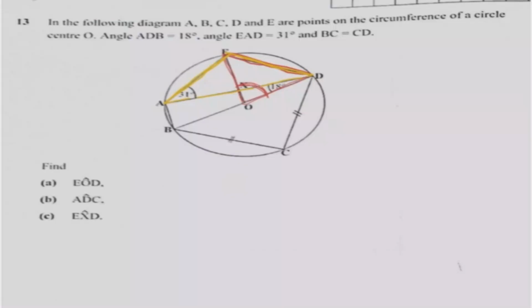So the angle EAD is twice smaller than the angle EOD. Now remember, the property is that for angles subtended by the same chord, the angle at the circumference is twice smaller than the angle at the center, the way it is there.